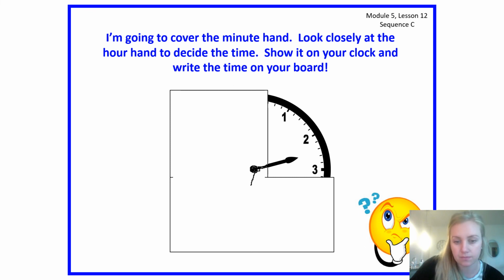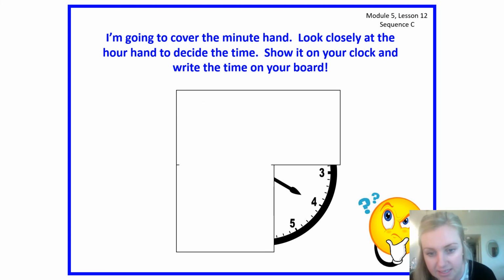Three, 2, 1. Your clock should look like mine. The minute hand is pointing straight down to the 6. So I know the time that this clock shows is 2:30.